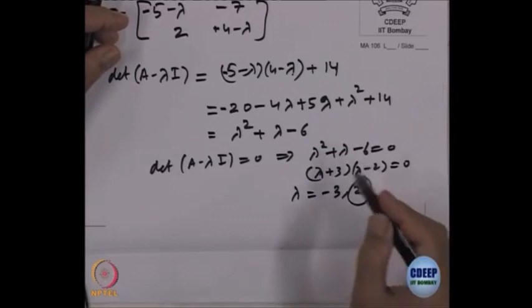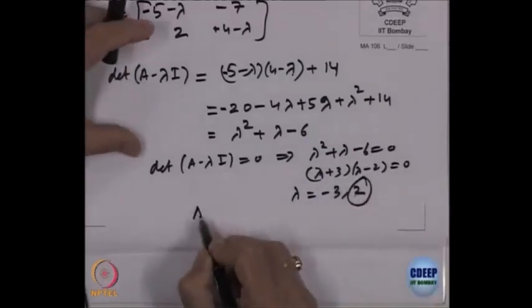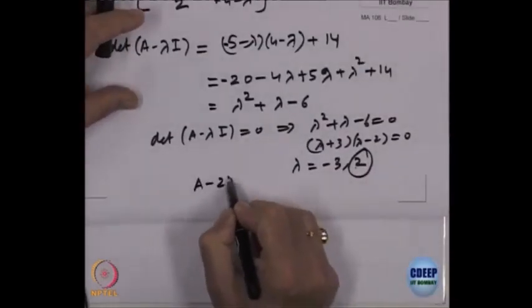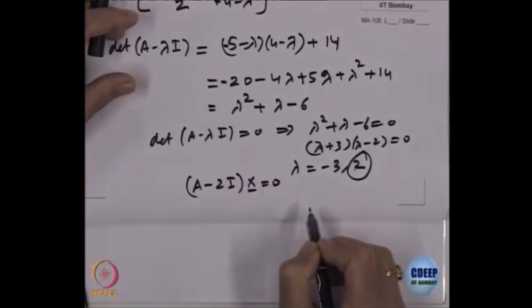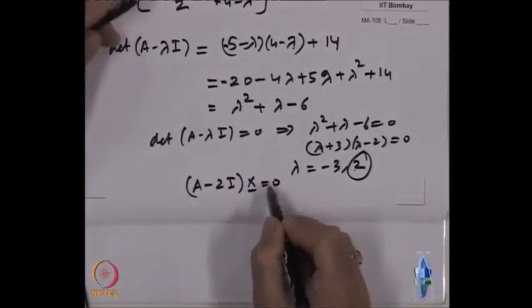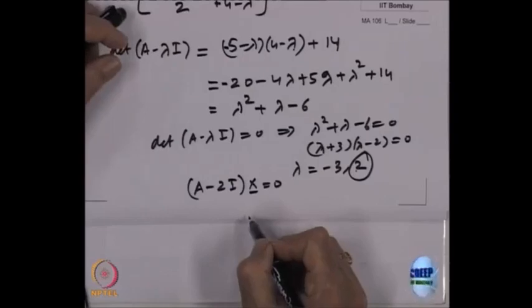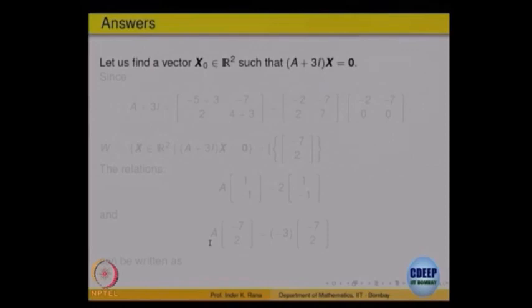And what I did for this scalar is solve the system (A minus 2I)x equal to 0. That is a homogeneous system, and I can get a solution of that. That is how it gave me 1 and minus 1. So, let us do the same thing for the other one.